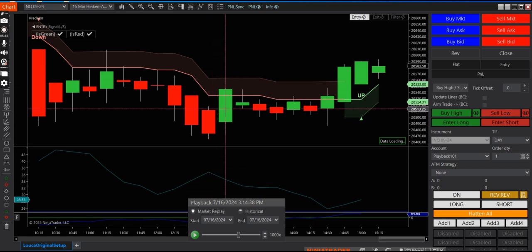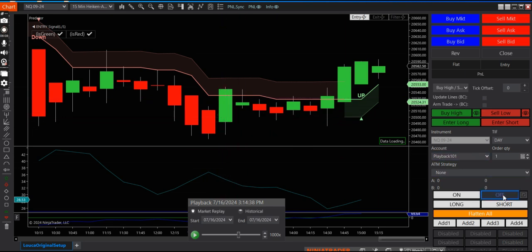Once it detects a green candle going up, it'll go ahead and exit the trade. Also, if I toggle this right here, if you're in a short trade and it detects a green candle, I believe it has to close. I'm not sure, but it'll go ahead and reverse the position and go into a long position. So that's what that is.